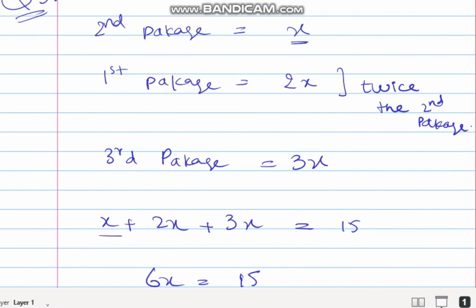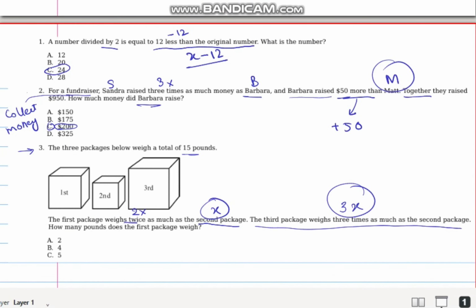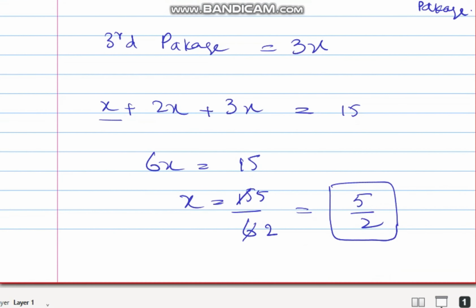We know x is the second package, but the question is about the first package. We have to find the weight of the first package. If we know x, the value of the second package, I can easily find the value of the first package.